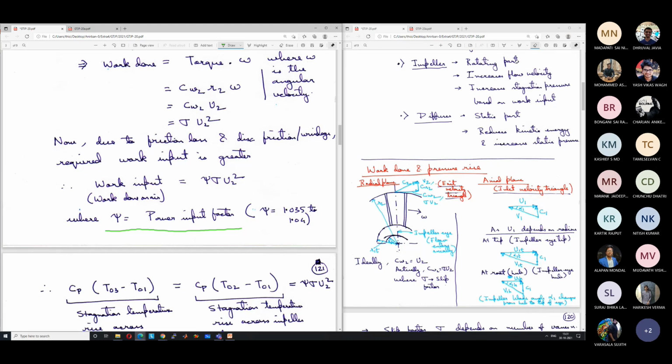If you draw a TS diagram, again drawing it will be difficult here. So this is the TS diagram. Even if there is frictional loss, the entropy will increase. But ideally, instead of going from here to here, we will go from here to here. We'll increase the size.